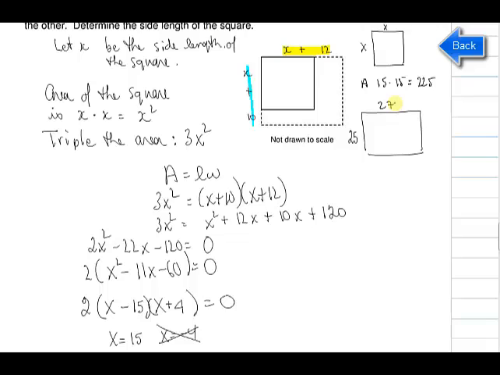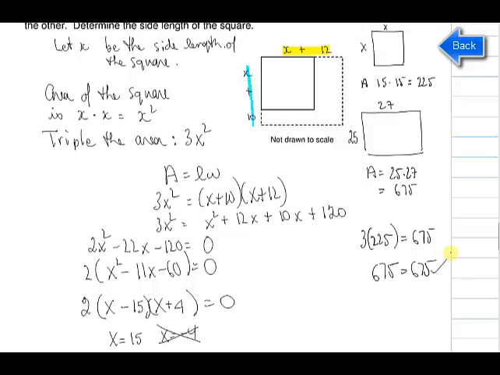And then first I want to find the area. So I want to go 25 times 27, and that gives me 675. So what I want to check is, if I take my original area and times it by 3, if I go 3 times 225, will I get 675? And you do. So left side equals right side, so you know you're correct.